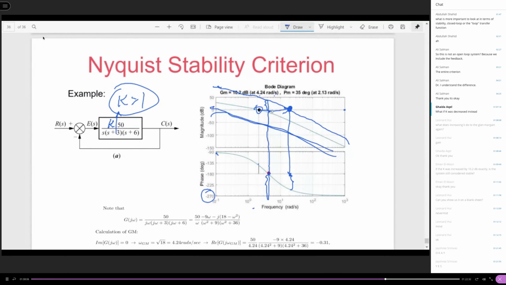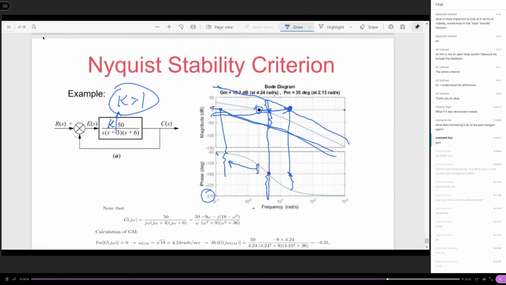The gain margin is going to increase from this much to this much, and the crossover with the 0 dB is pushed to the left. Pushed to the left, the phase margin is increased from here to here. So that's why if you bring the K down, the system becomes more stable.